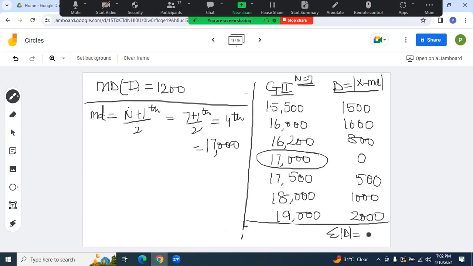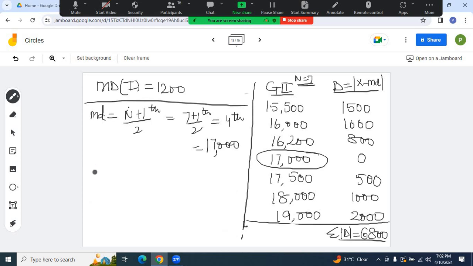Summation is, if you add all numbers, 1500 plus 1000 plus 800 plus 500 plus 1000 plus 2000 will be 6800. Okay.